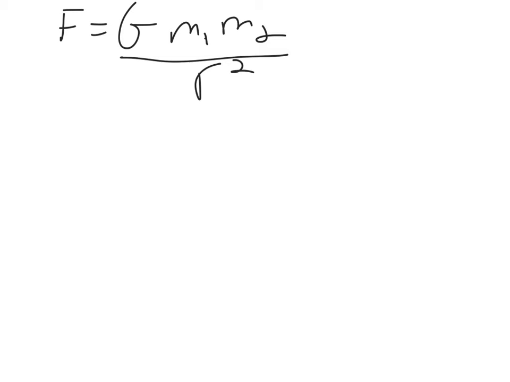And that squared is the most missed piece about this whole equation. It's not a hard equation. A lot of times we're just popping numbers into it. But forgetting that this is an inverse square law is the biggest, most missed piece of this.